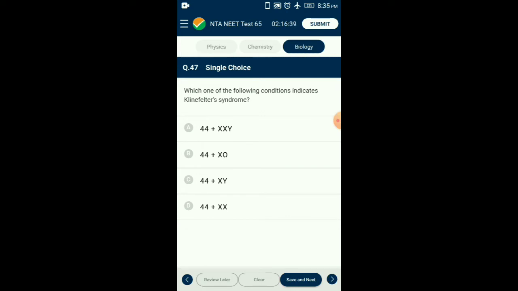Two X chromosomes are present in the females, whereas the presence of X and Y chromosome are determinants of male. 44 plus XO Turner syndrome, 44 plus XY normal human male, 44 plus XX normal human female. So the answer for this question is option A, 44 autosomes, XXY allosomes.